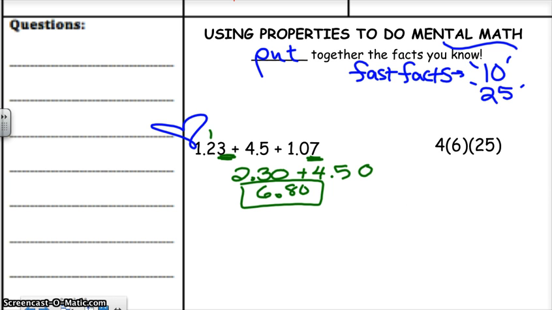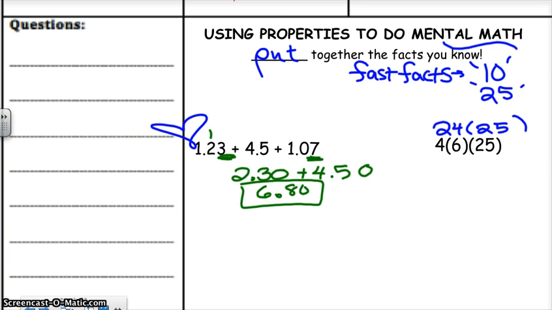Looking at this next example, 4 times 6 times 25, I can switch them around. Commutative property of multiplication tells me I can. Are there any fast facts that you know? Go ahead. 6 times 4, yeah, 24 times 25, then that didn't really help me much, right?